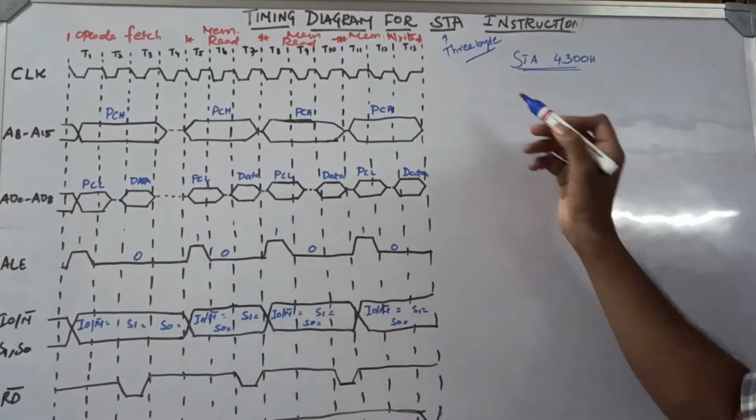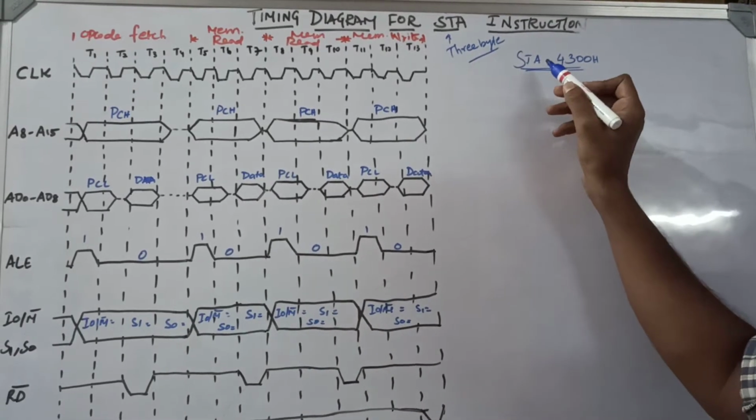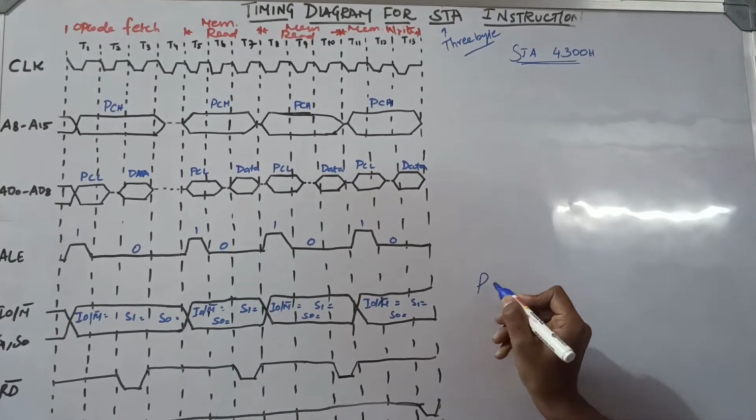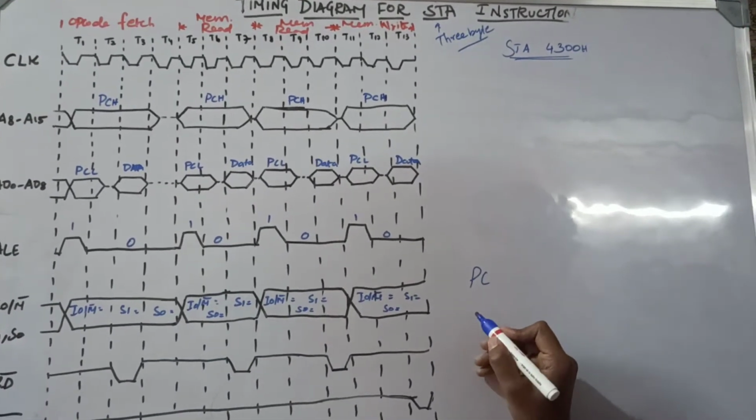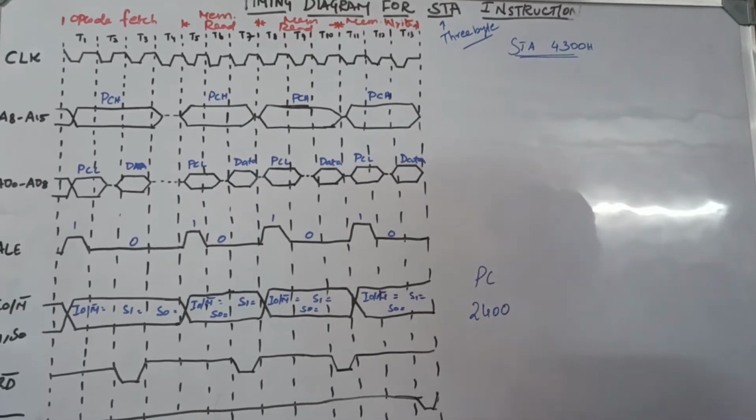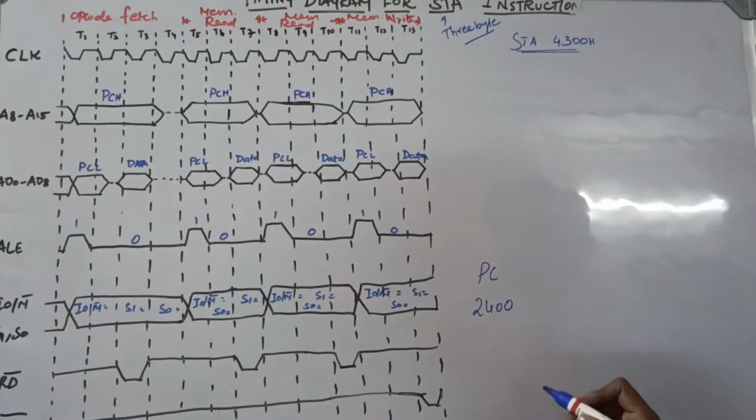Before drawing the timing diagram, first you assign the program counter value for the specified instruction. Here I am taking 2400H as the program counter memory location.